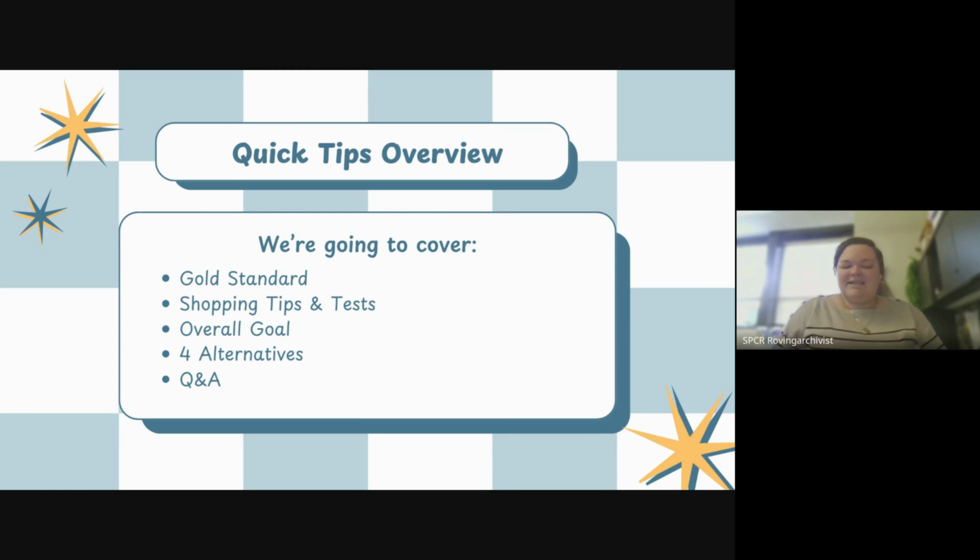And then really just establishing the overall goal when we look at storage of archival materials. And then I have 4 alternatives for you to utilize or to think about when making selections about, hey, how am I going to store this to preserve it? And then we'll get into the discussion and Q&A portion.